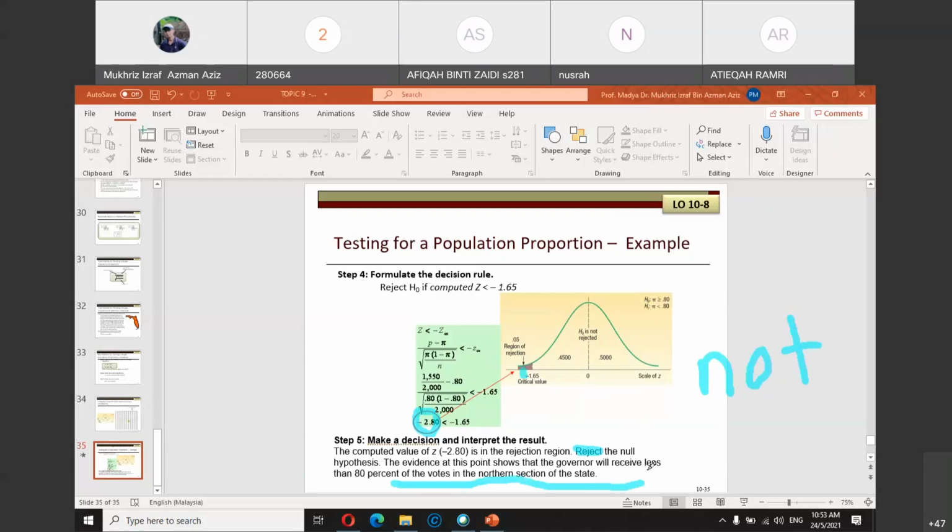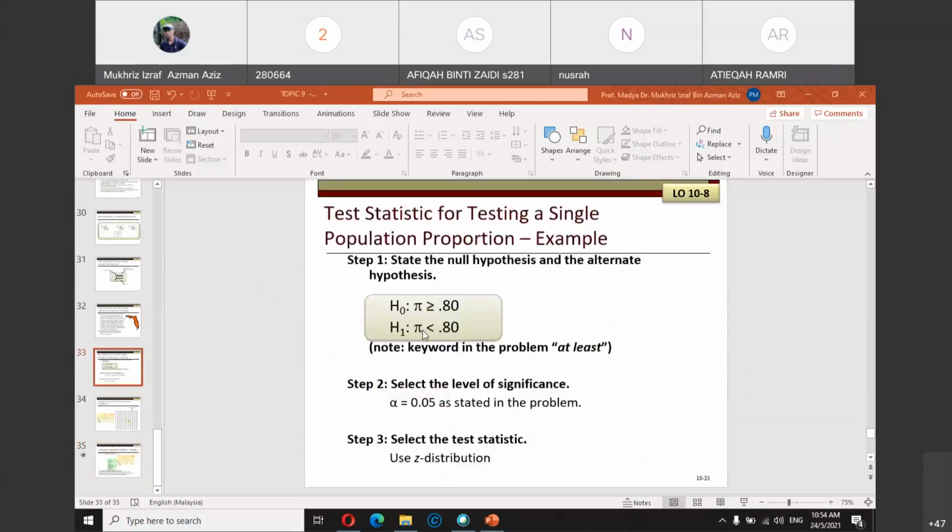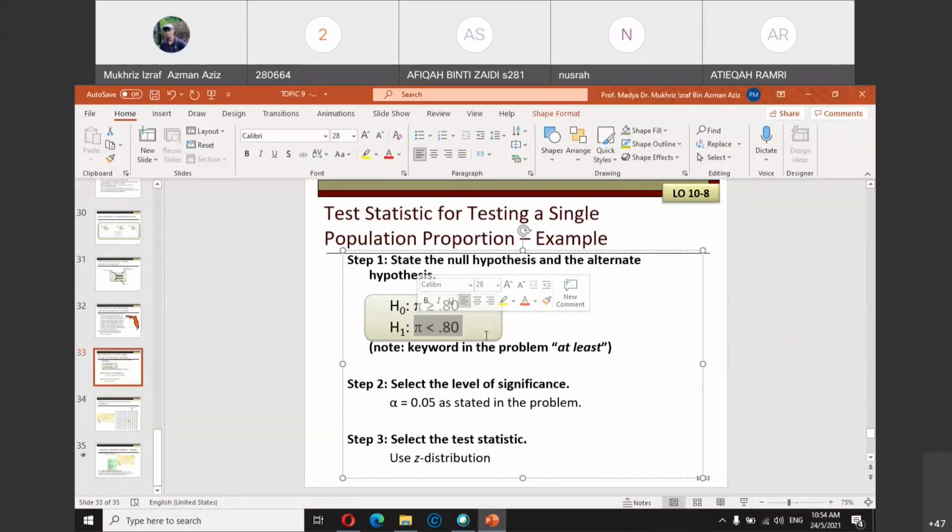If you want to make it simple, in the third statement you can just mention, we can conclude that. First, what is your H1 just now? Our H1 here is pi is less than 0.8, correct? If you were to write the third sentence in this case, because you reject H0, you can support H1.